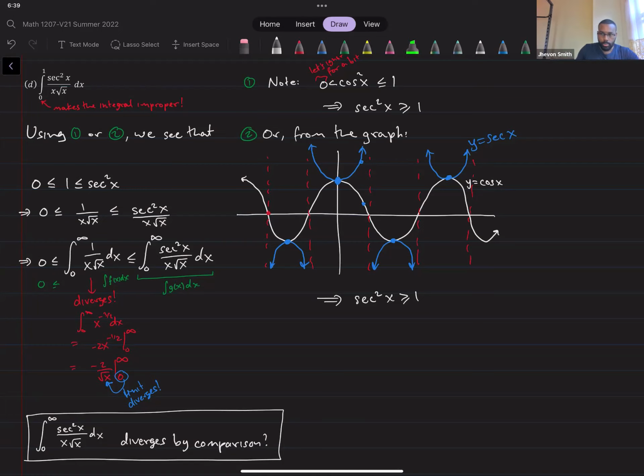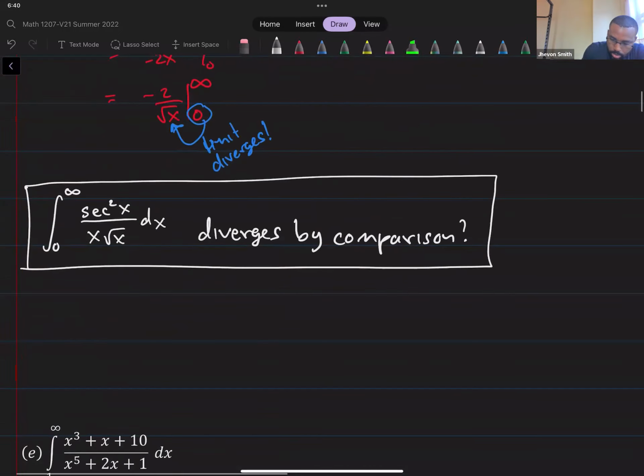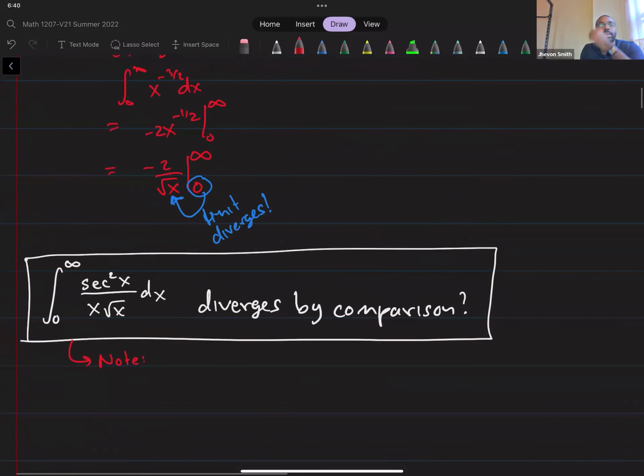I want to even mention that, because sometimes students look at these and they're like, okay, the comparison test, I need to work out inequalities and blah, blah, blah. Why not just ignore the comparison test and always just use the limit one? I can always just take the ratio and take a limit, right? And it turns out it's not quite true. We kind of need both of these.